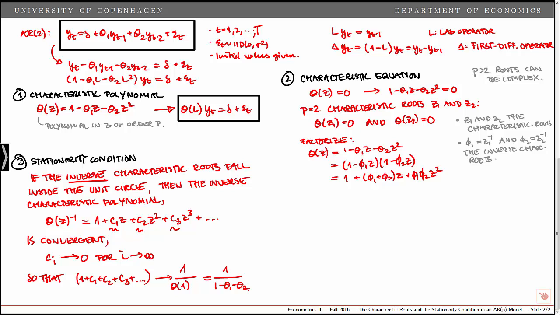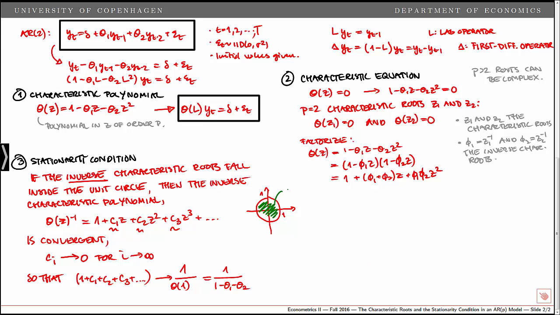If the inverse characteristic roots fall inside the unit circle, it means that if we plot the unit circle here, we have 1. So this is a unit circle, and if we calculate the inverse characteristic roots and they fall inside the unit circle, that means that they have a modulus less than 1. Remember that they can be complex if we have an autoregressive model of order more than 2.